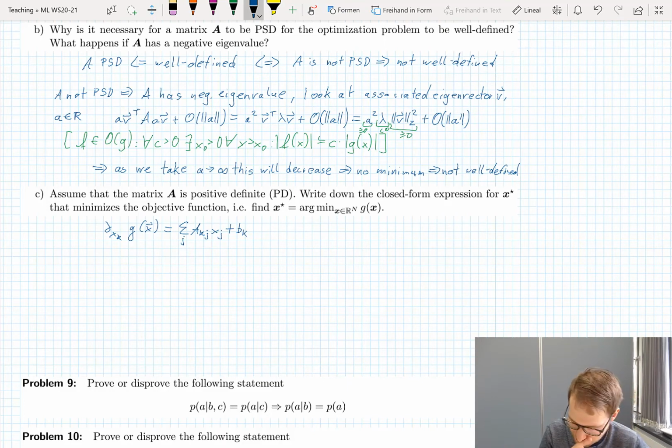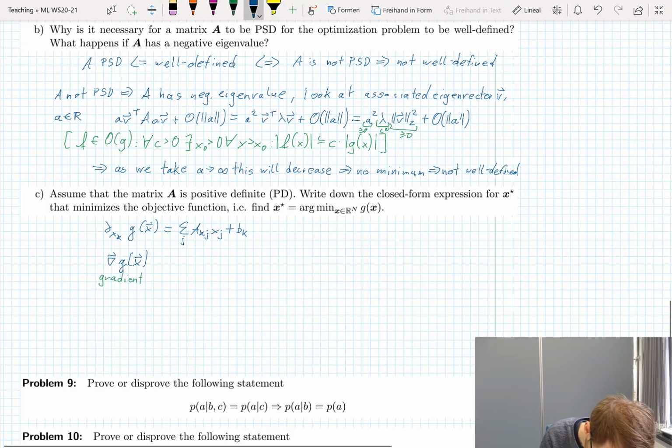So this is in index notation. Now if we look at the full thing, I mean, if you don't know, this is the gradient. So the gradient is just A times x plus b.